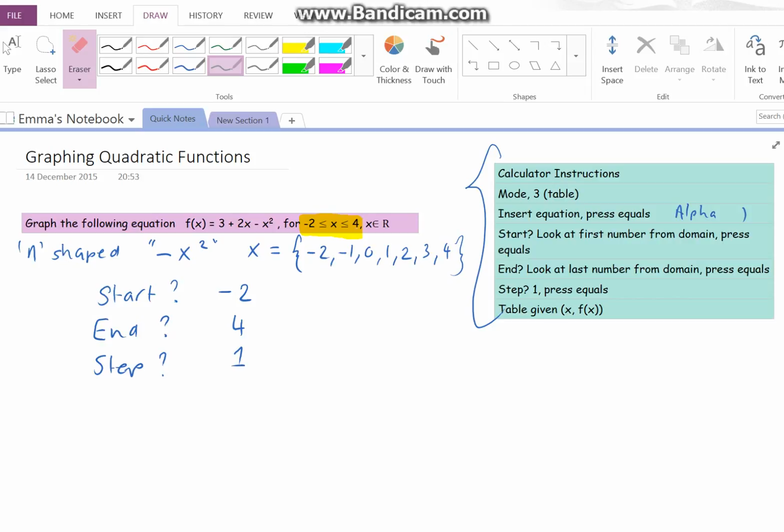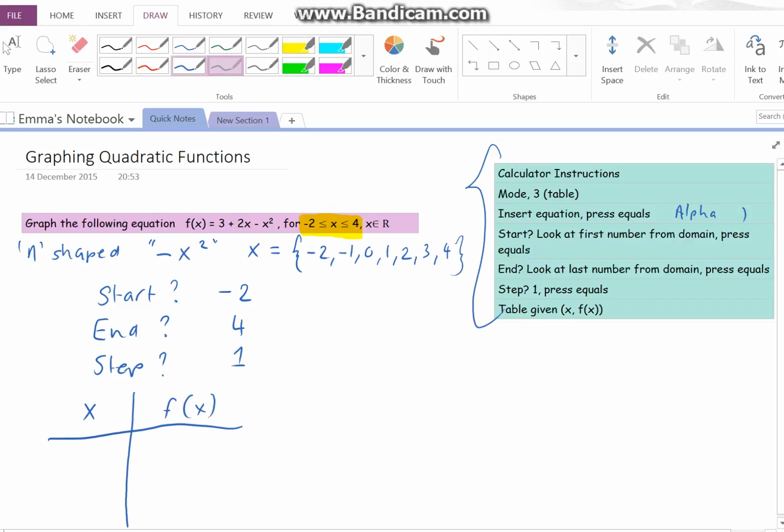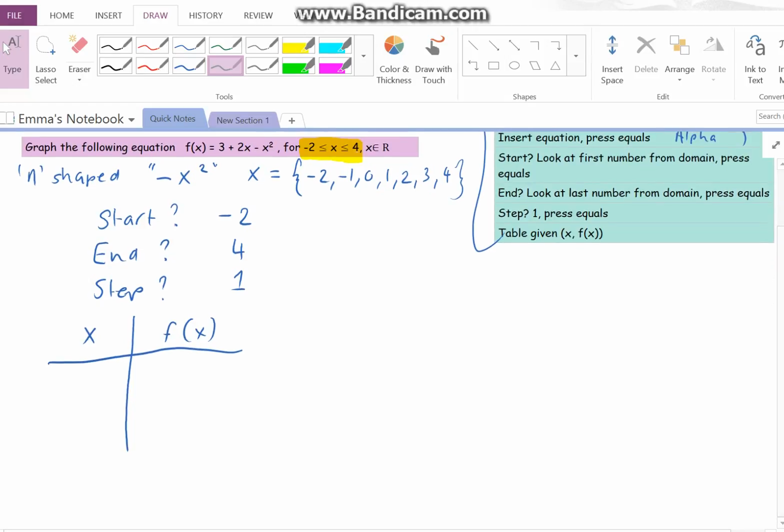Right, and then you'll be given your table. It should look something like this: you'll have your x values and then your f of x values, and we all know at this stage f of x actually means y. So we'll have your minus 2, and then you would have got minus 5. Just do this in your calculator at the same time so you know where I'm getting all these values. 0, 3.